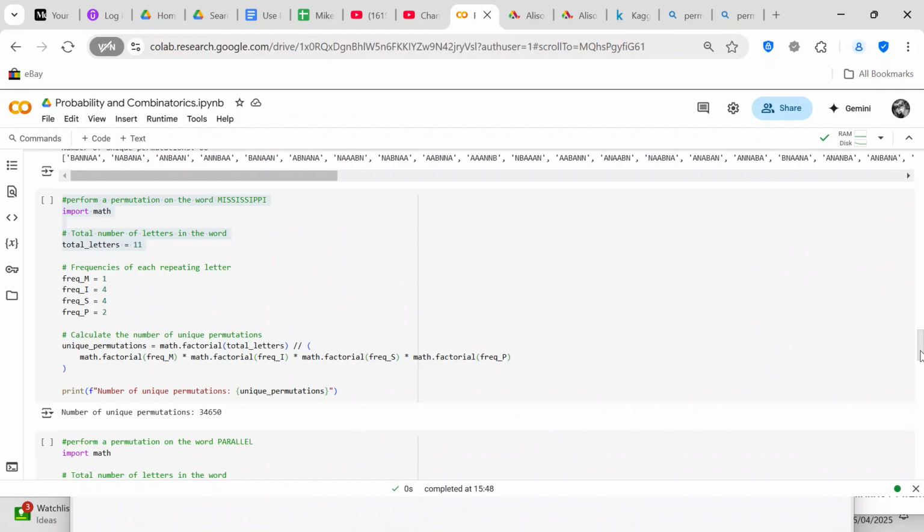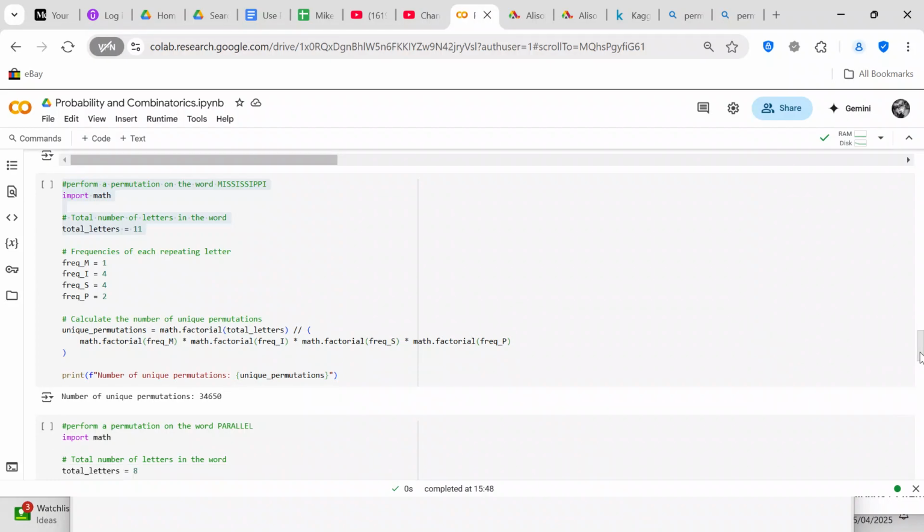Unique permutations equals math dot factorial of total letters, that's 11, floor division, brackets, math dot factorial frequency M times math dot factorial frequency I times math dot factorial frequency S times math dot factorial frequency P. And the number of total unique permutations that you can come up with is 34,650.